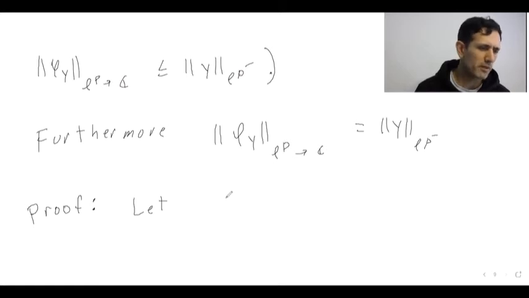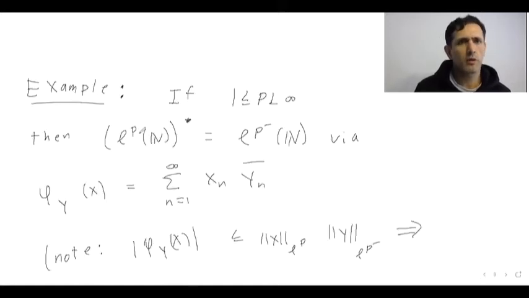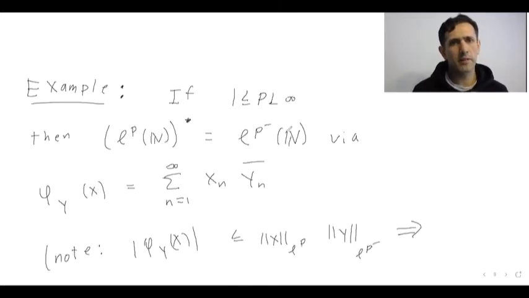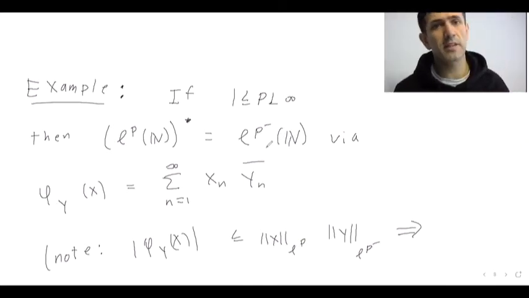I won't talk too much about that, but I'll talk a little bit about it. All right, so how do we do this? Well, pick something in the dual space of lp. So let's say phi is in the dual space of lp. And as customary, I'm not writing the natural numbers, it's just a pain to keep writing.